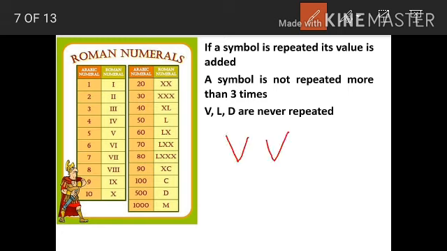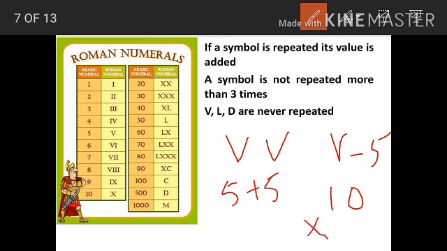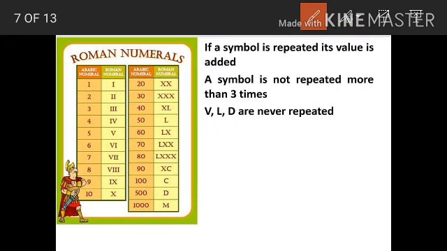No. We know that if we are repeating the symbol, it means we have to add. V means 5, so 5 plus 5 will become 10. But we know that 10 is represented by the letter X. So, we can't write VV. That is what our third rule states.